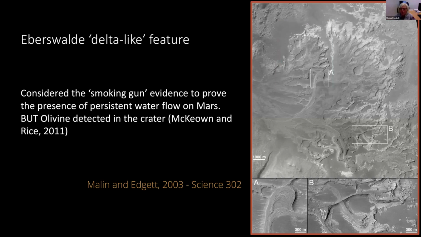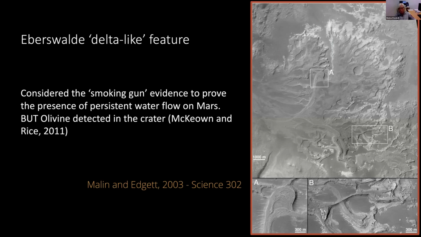When it was discovered in 2003, there was a big discussion whether water flow on Mars consisted only of catastrophic flow, or whether persistent flows were possible. And this looked like it proved without any doubt these persistent water flows.